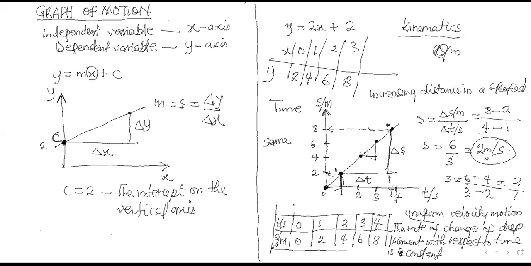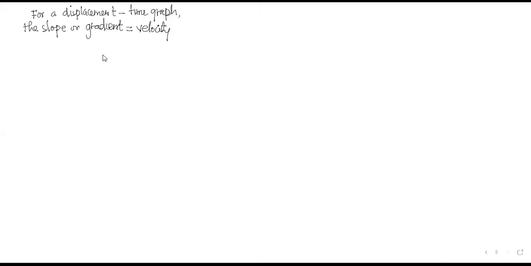The time increases in equal intervals, whereas the displacement also increases in equal intervals. We can also have a situation where the displacement decreases with time in that equal order. For the same table, but this time we are looking at how the displacement decreases with time.